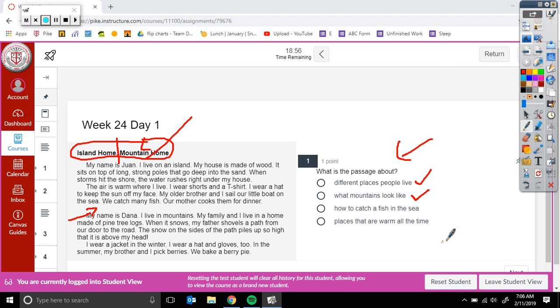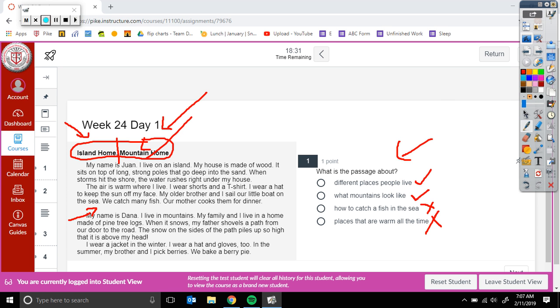Nothing about fish. Places that are warm all the time. Well, an island home is warm, but I know that a mountain snows. So that would not make sense. Alright, so I have two options. You decide which one would make more sense.